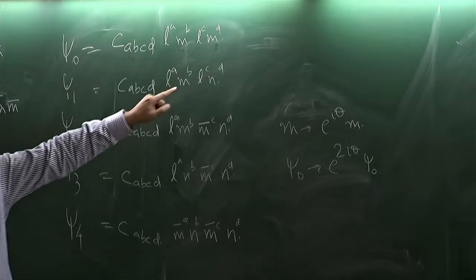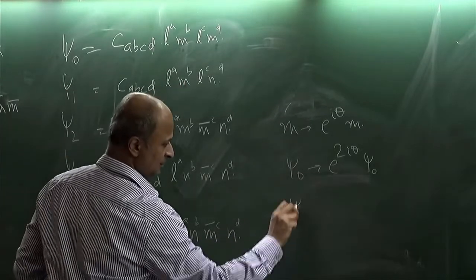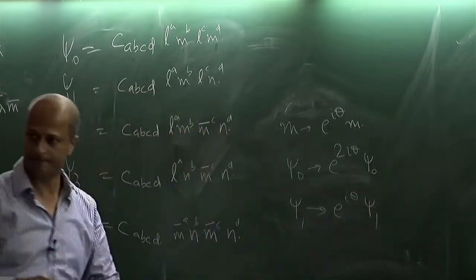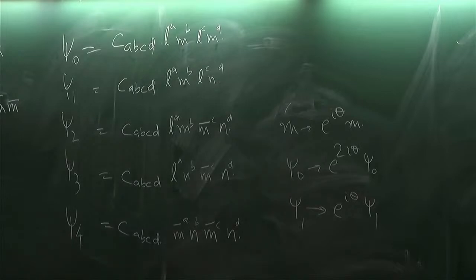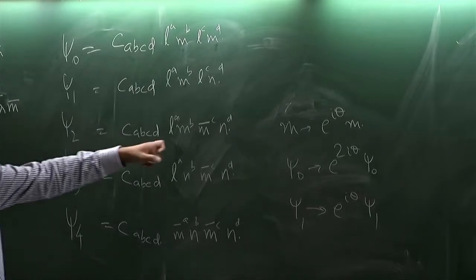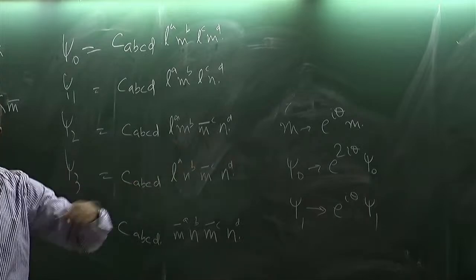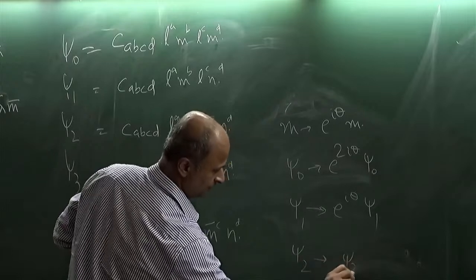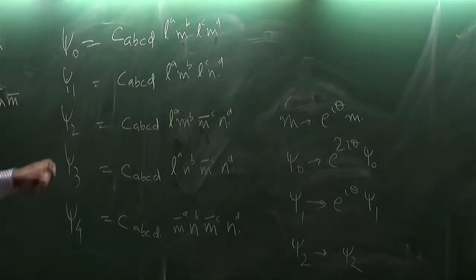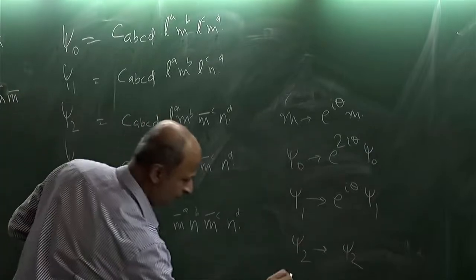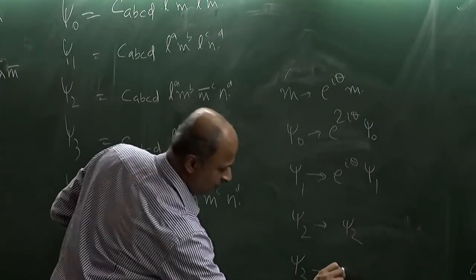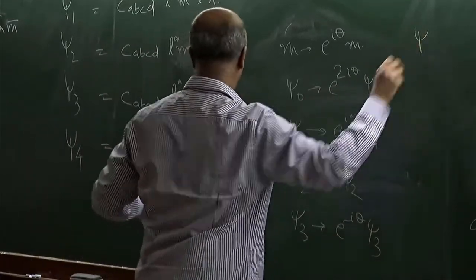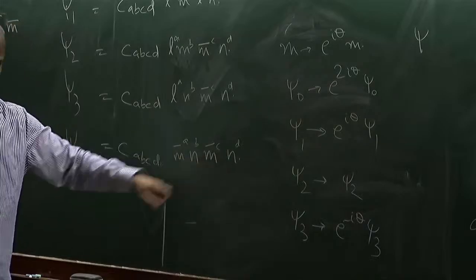Psi 1 has only 1 factor of m, so psi 1 goes to e^(iθ) times psi 1. Psi 2 has m and m bar, so they cancel out. So psi 2, in fact, is gauge invariant under these transformations. Then psi 3 has an m bar. And finally, psi 4 has 2 m bars.